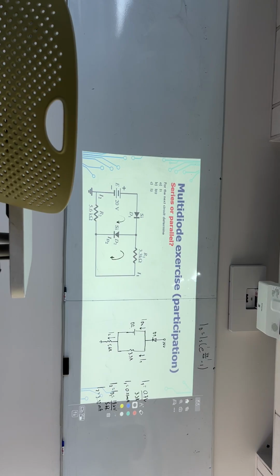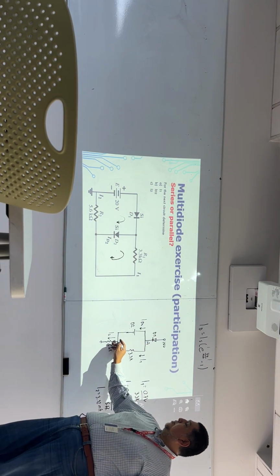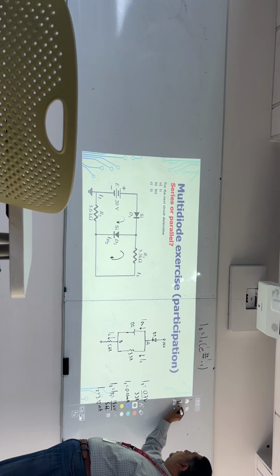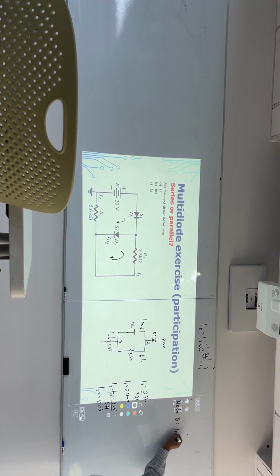And now what? This is node A, this is node B. For node B, I have ID2 current plus I1 current, and this is equal to I2. I already have I1 and I2, so I can solve for ID2.